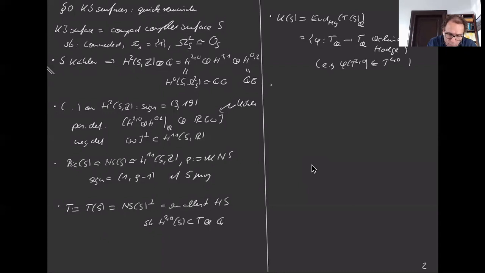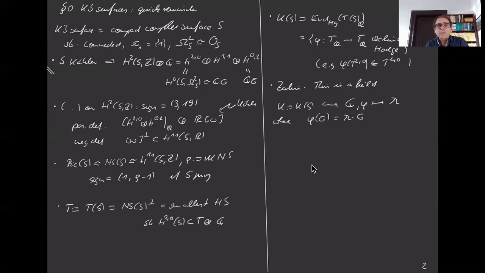And an observation by Zarhin coming from abelian varieties is that this is a field, and that's why we called it K. So K is a field which can be naturally embedded into C by mapping an endomorphism phi to some lambda, where lambda is given by the condition that phi of sigma is lambda times sigma.